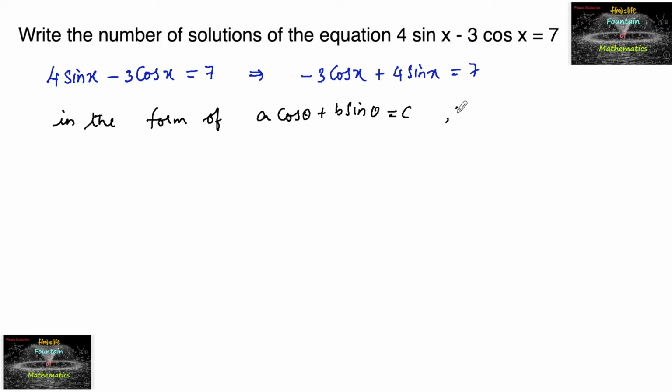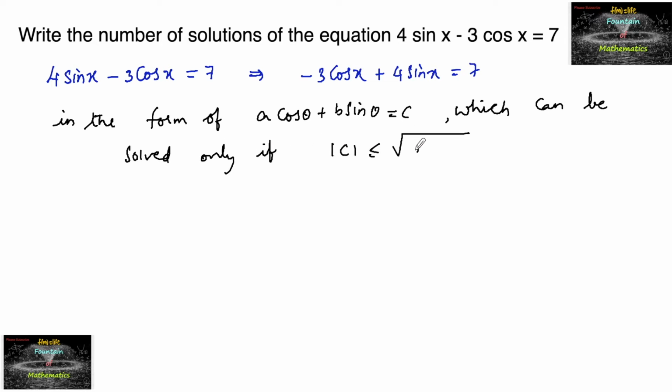So which can be solved only if mod c is less than or equal to root over a square plus b square.